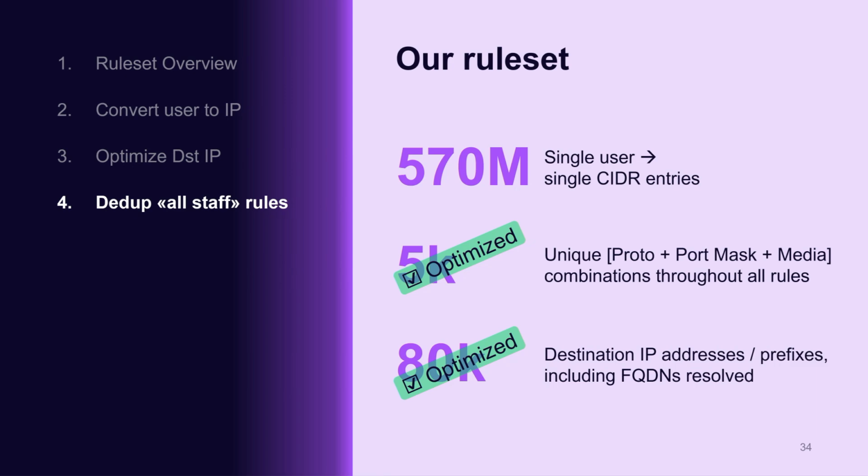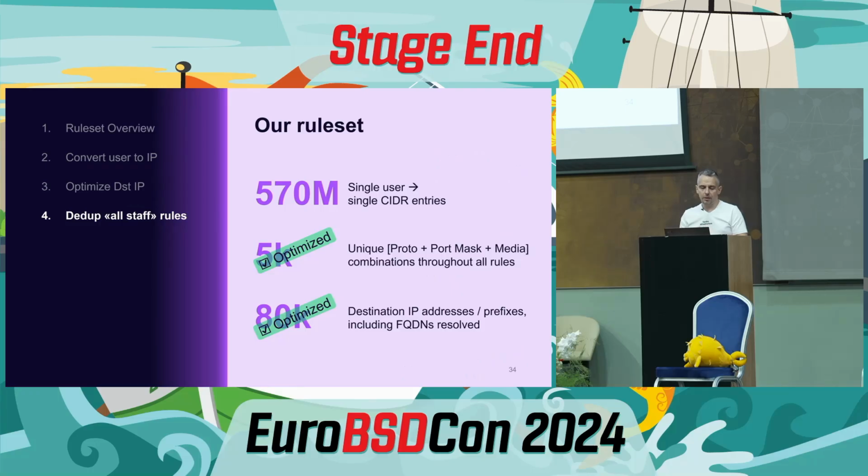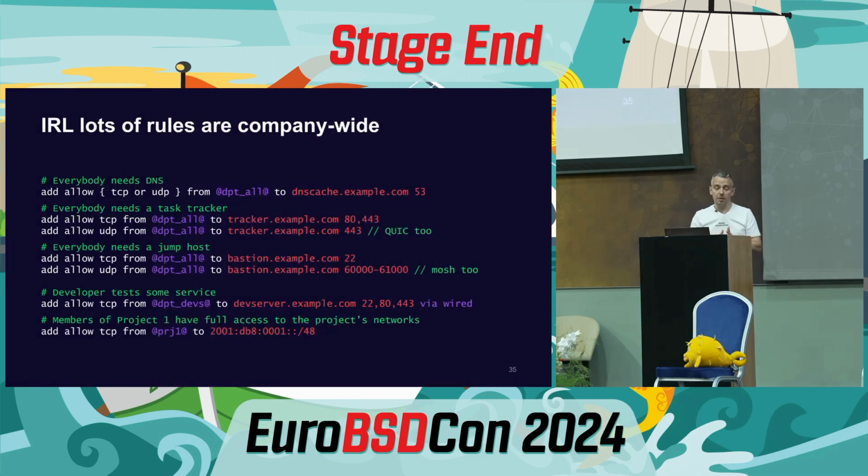And now we're going to take a look at how we can push the total amount of table entries down. To do that, we can remember that most of the rules are made for big groups of users, mostly the whole company.